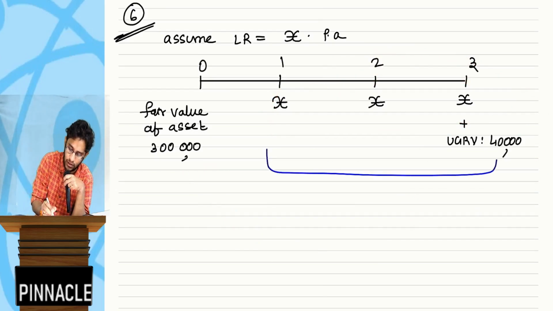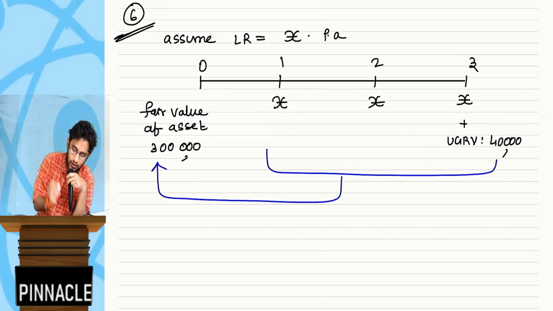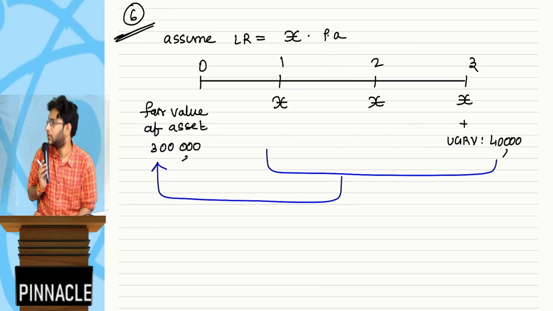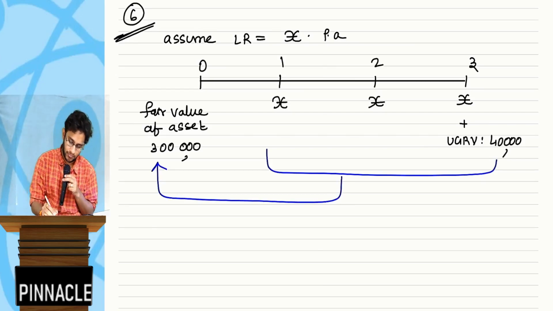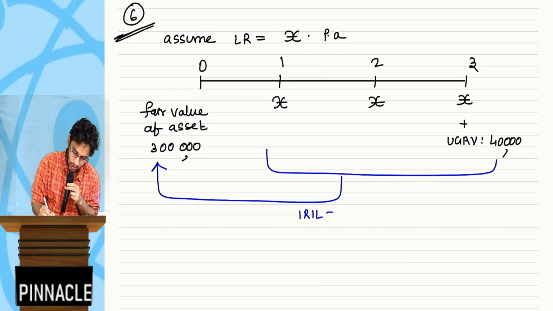Definitions, if you are strong, then this and all will look very cheap. IRR is equal to 10% per annum.